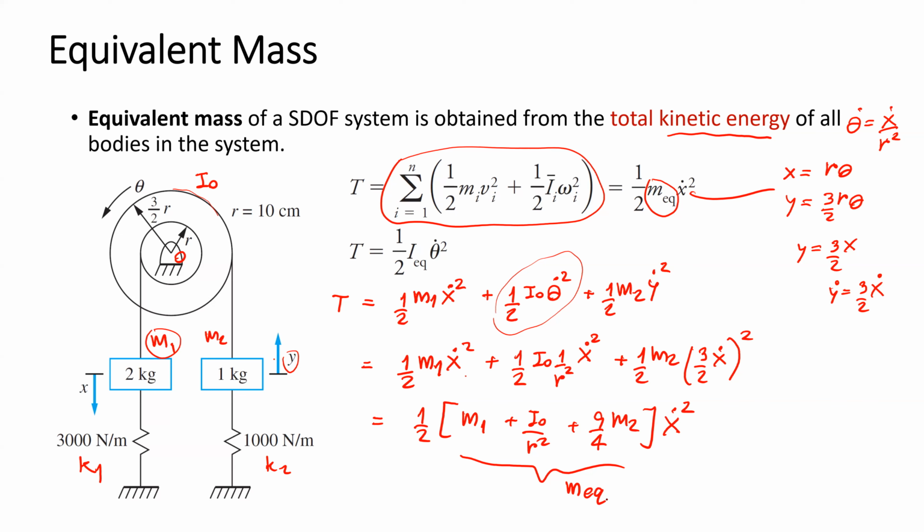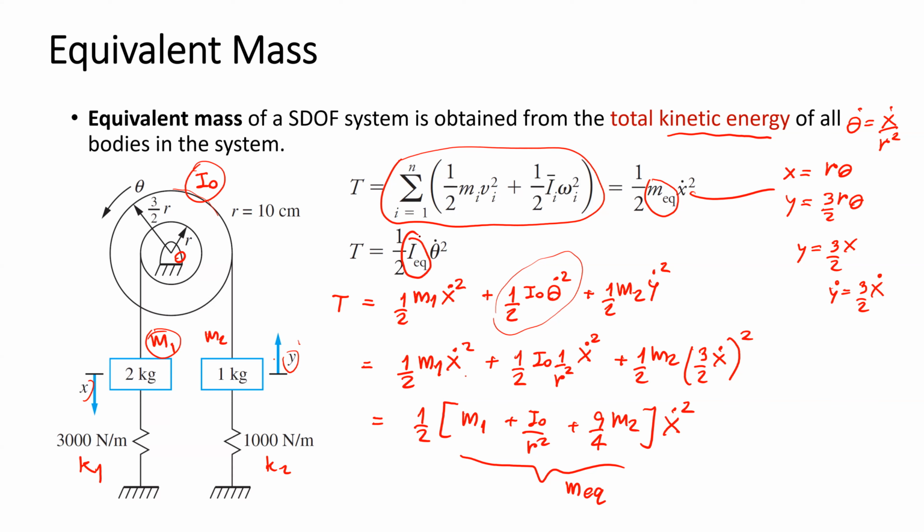But now we have the moment of inertia of the pulley. If the pulley is connected to the linear mass, what if we want to obtain the equivalent moment of inertia?